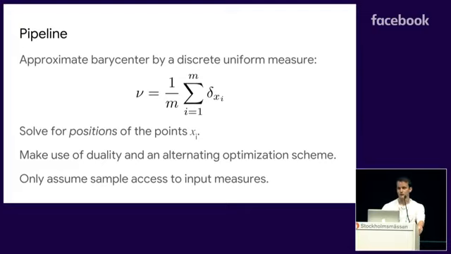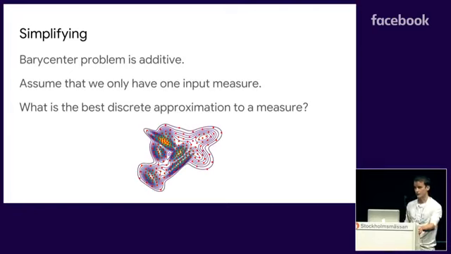And as I mentioned, we only assume we have sample access to our input distributions, and they can be absolutely continuous with respect to Lebesgue. So to simplify, the barycenter problem is additive. So from now on, I'm only going to be considering the barycenter of a single continuous distribution.